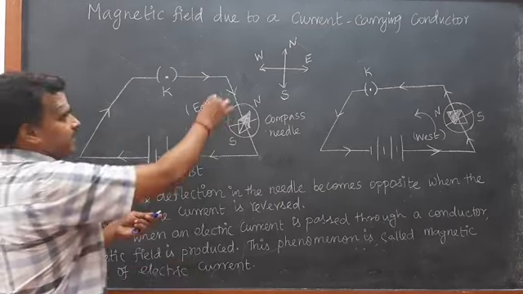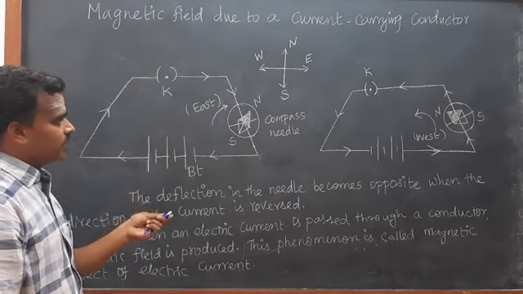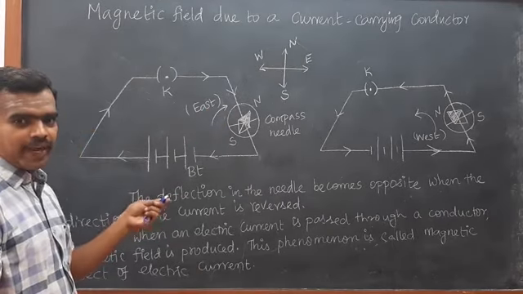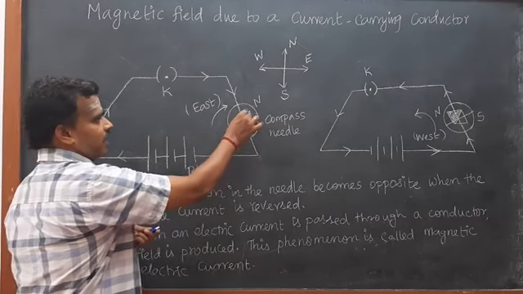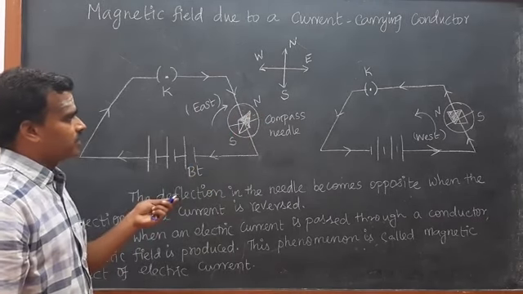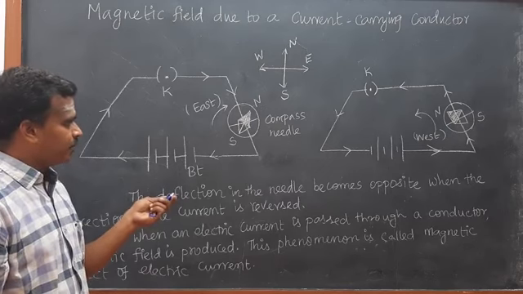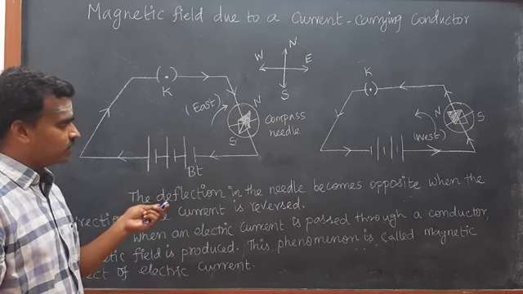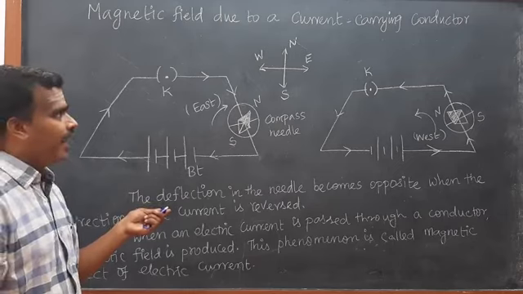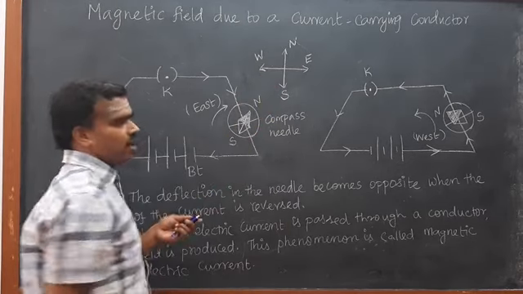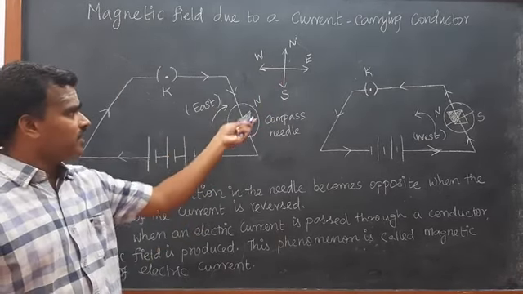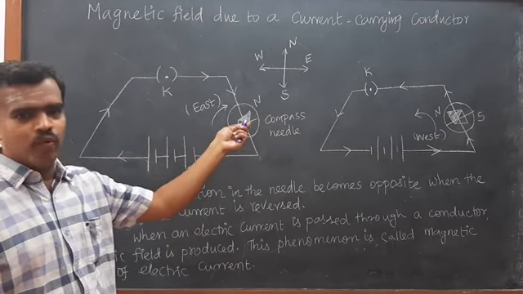This is the compass needle. The shaded point is called the north pole for our reference, and the unshaded portion is the south pole. Here I note down all four directions: north, south, east, west.